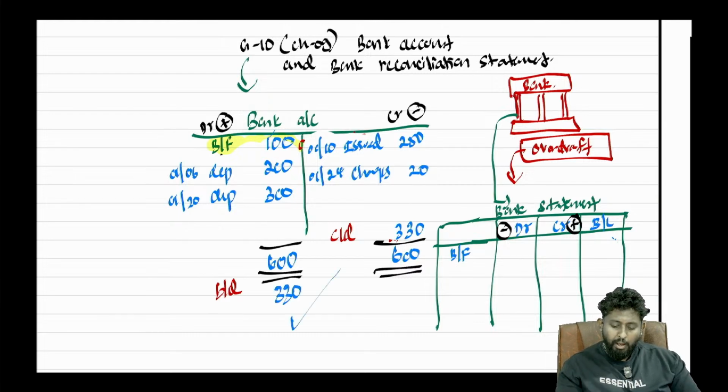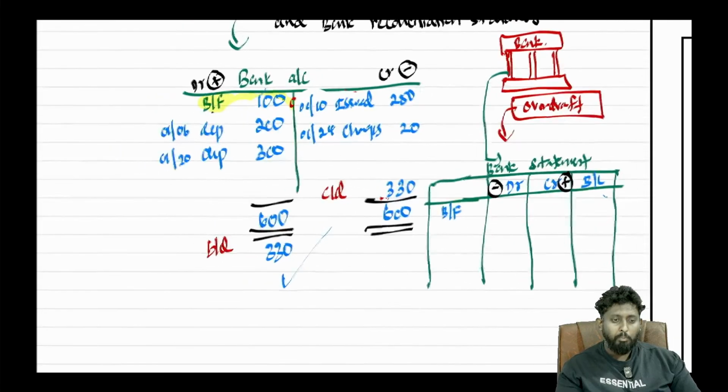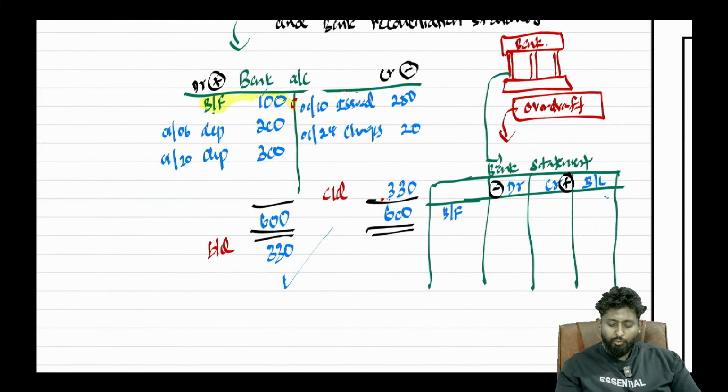So how would the bank normally record this? The brought forward balance, they record as 100. In date order, on 1/6 there was a deposit of 200, and they update our balance to 300.